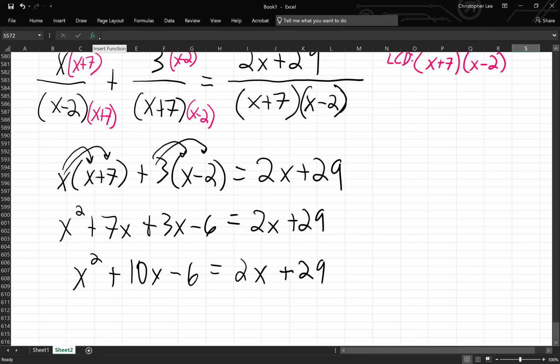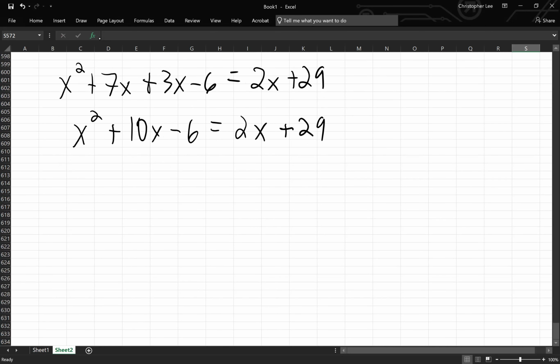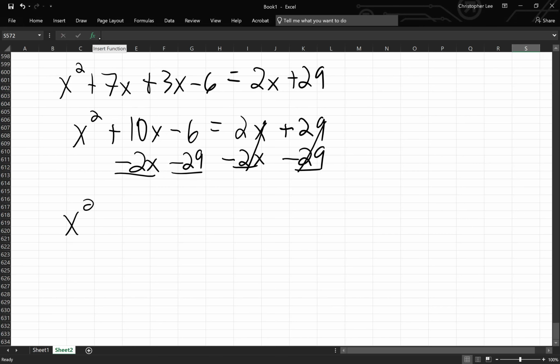I want to solve for x. So I'm going to subtract 2x from over here. What I do to one side, I got to do to the other. And then I want to subtract 29 from over here. What I do to one side, do to the other. So now I have x squared plus 8x minus 35 is equal to 0.